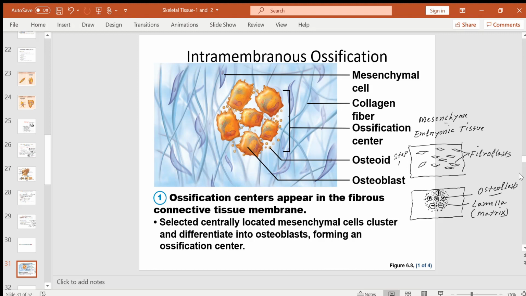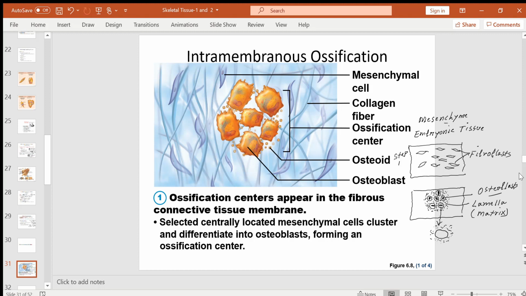Okay, and since the matrix around the osteoblast was already hard, like this is the osteoblast, I'm just drawing one, and matrix around it, so the matrix got already hard lamella, right?